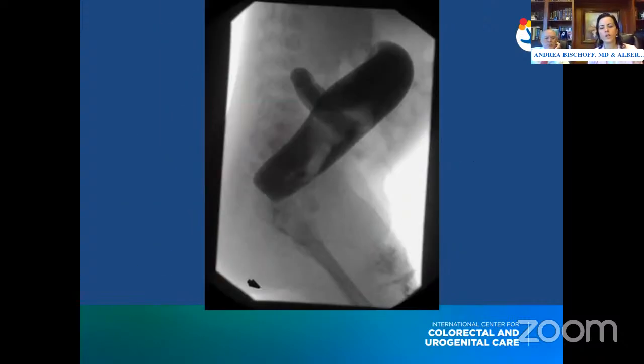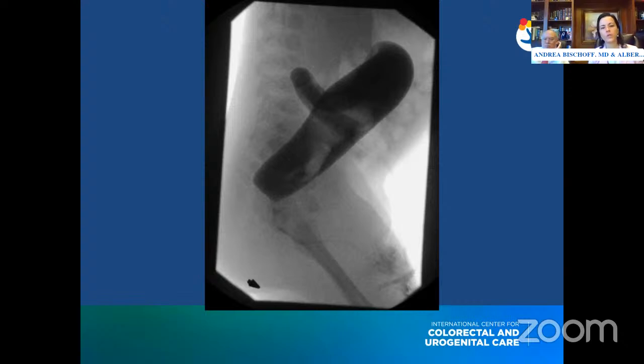So here's another one. We are injecting contrast material here. Then you see we have plenty of bowel going here and here. And here you can see where the sacrum finishes. So what malformation is this?